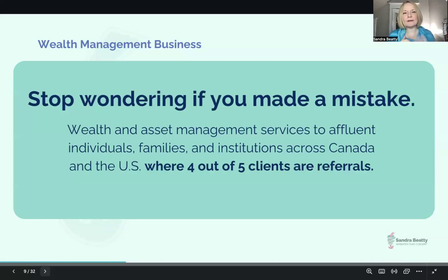First of all, we definitely know who they're targeting: affluent individuals, families, and institutions. We know the two countries they work out of. We also know the services they provide. And we've given social proof by pointing out and bolding that 4 out of 5 of their clients are referrals. That's amazing social proof. It means people really like what they've done for them and are willing to pass along their name.